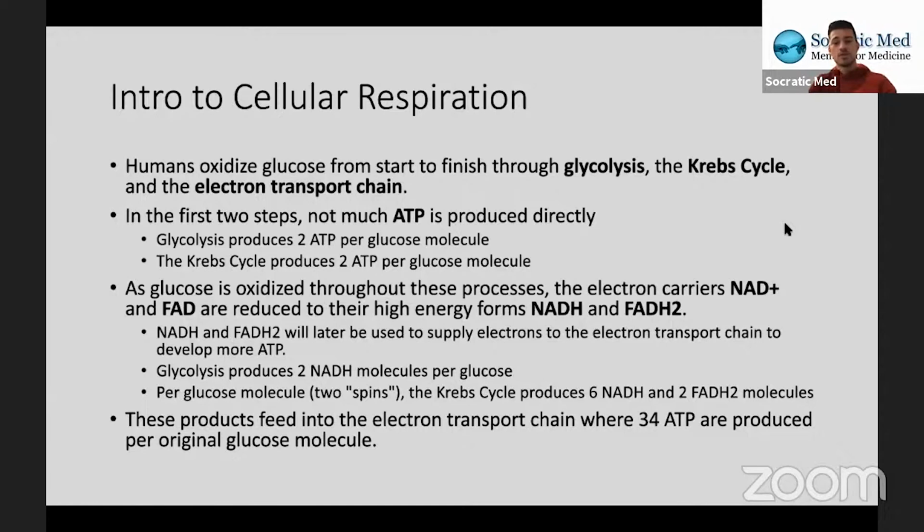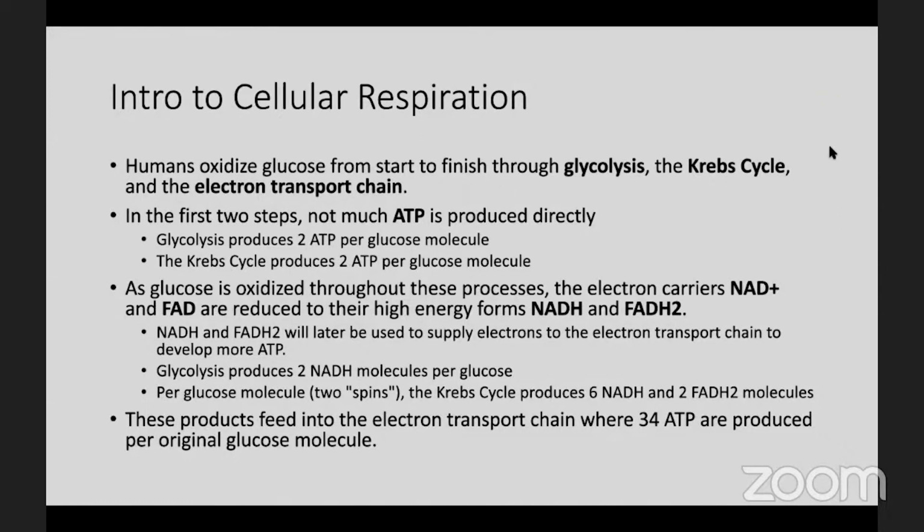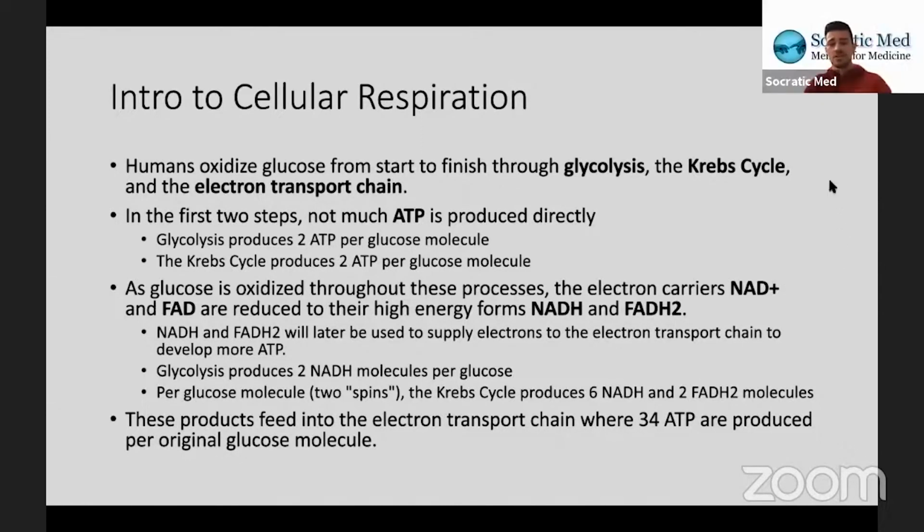So as glucose is oxidized throughout these processes, the electron carriers NAD+ and FAD are reduced to their high energy forms NADH and FADH2. So those are the two main molecules that I was just talking about that are super important for the electron transport chain. So really we can look at these first two steps, glycolysis and the Krebs cycle. Their main function is to create these high energy electron carriers.